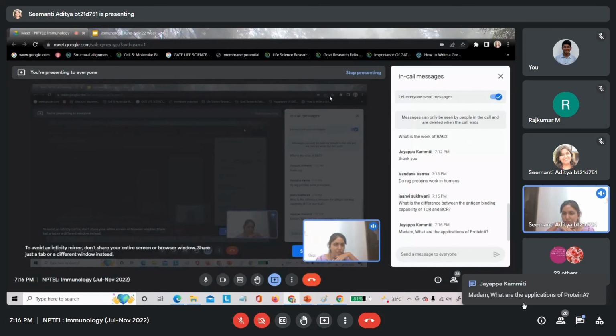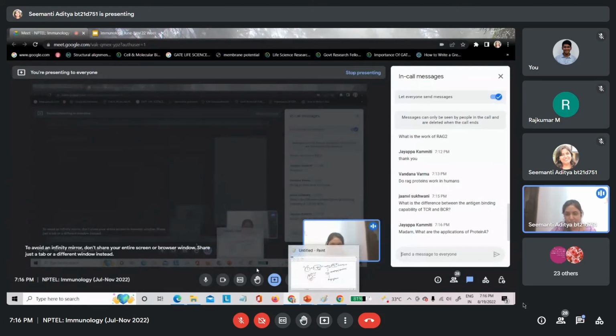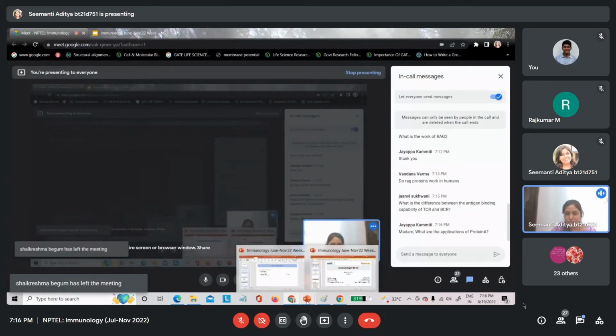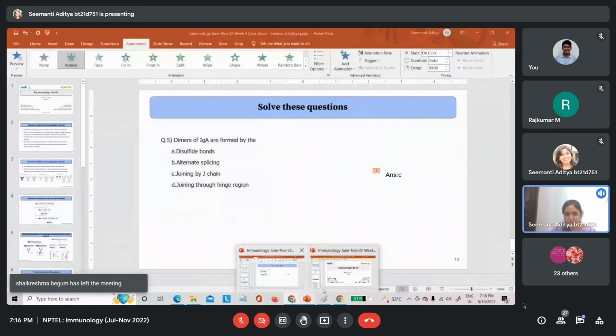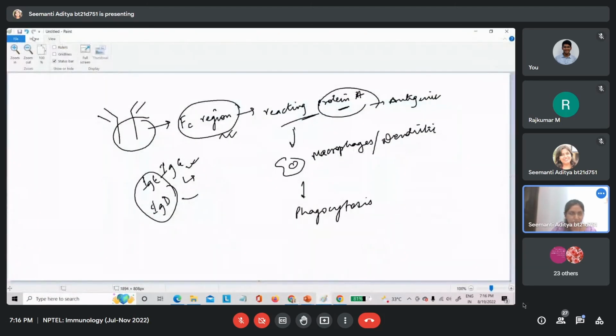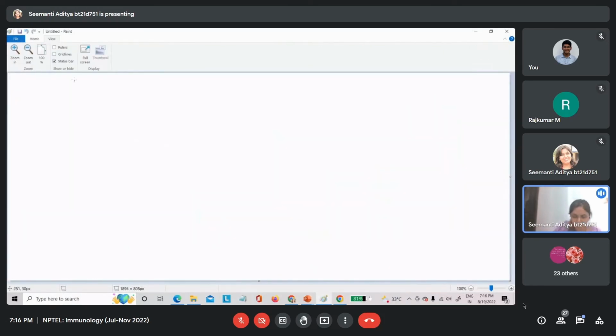Madam, what is the difference between the antigen binding capability of TCR and BCR? As I had explained before also, T cell receptors can recognize antigen only when it is presented by an MHC molecule.